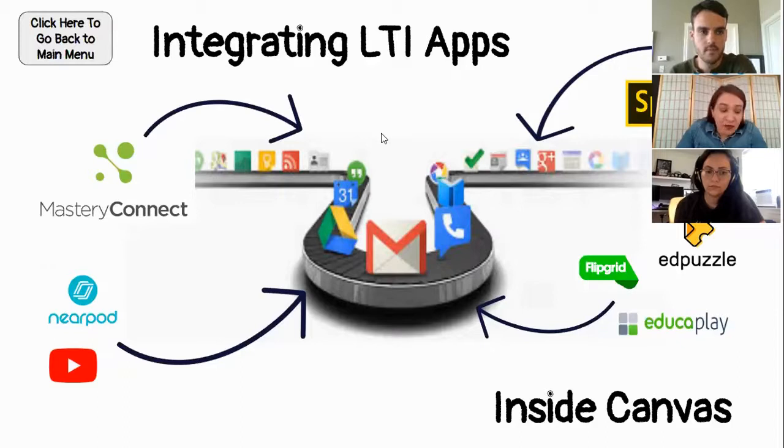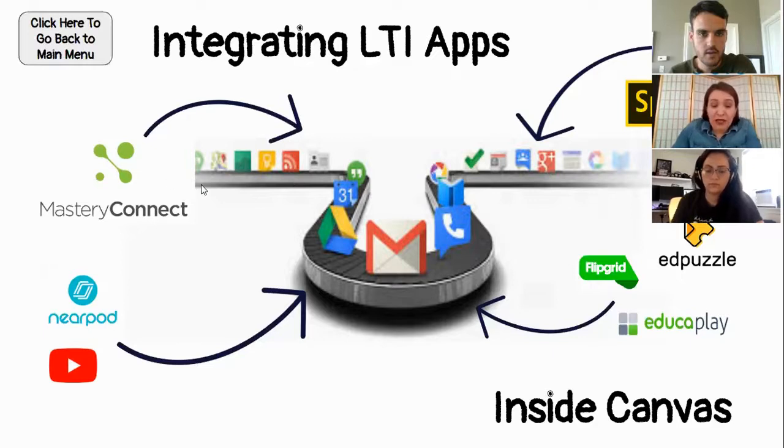On the other hand, you can mentally browse your apps on this imaginary belt, and then choose which one to use whenever you need it, if you already put it on that belt. So that's what integrating the apps is. You're going to put them inside Canvas, and then you're going to pick which one you want to use.